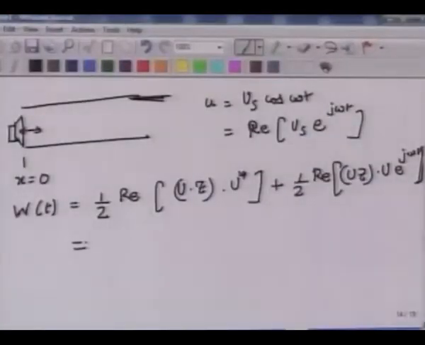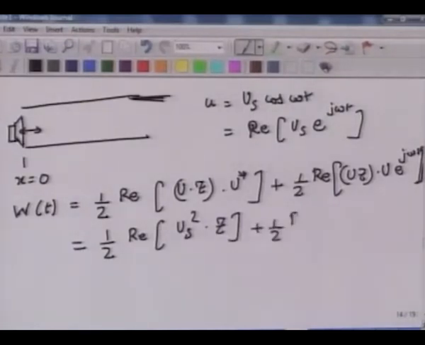So going back, my acoustic power per unit area is half real, and then I get US square times Z plus half real US square times Z e^(j omega t).